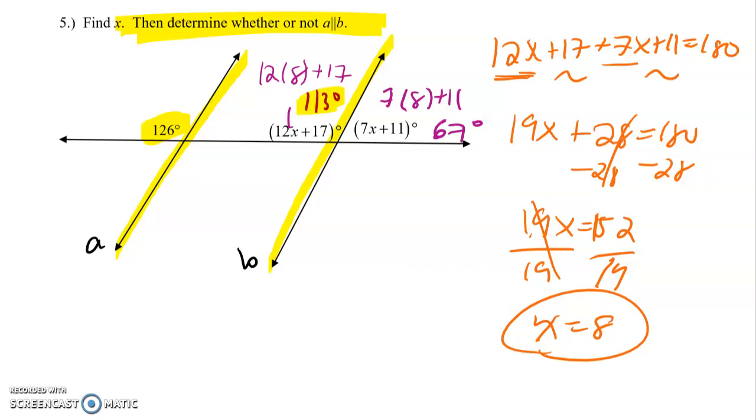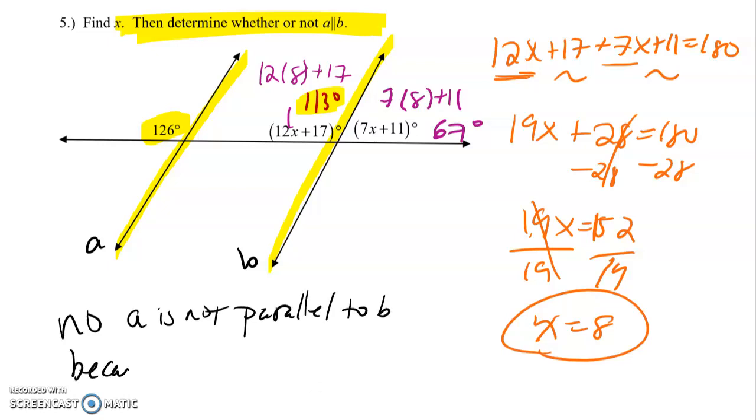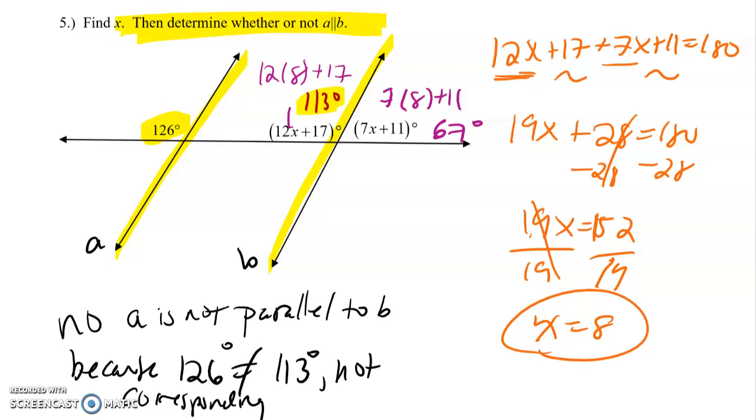Because they're different amounts, we can conclude, no, a is not parallel to b, because 126 is not equal to 113. So we don't have corresponding angles. Okay, so this is a really great example of being very careful with the wording of the question and knowing what you can and can't assume.